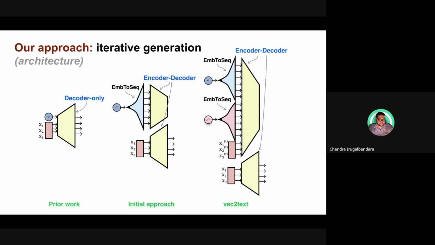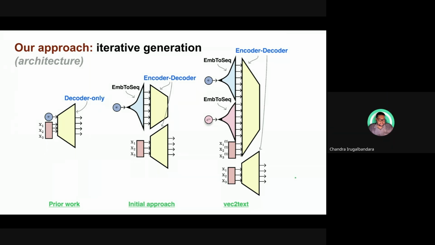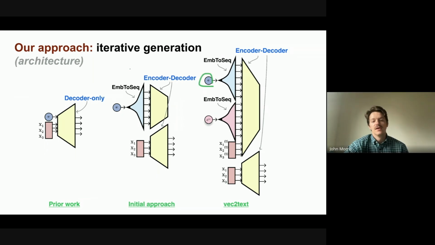And then you also asked what the loss is, which is a really good question. A nice way to solve this problem, maybe the most theoretically sound way in some sense, would be if we could decode from this model and then embed it again using the blue embedding model and compute the distance to the ground truth embedding. But that would require backpropagating through this decoding process, which is not differentiable.